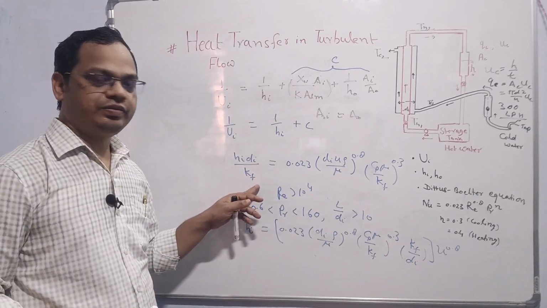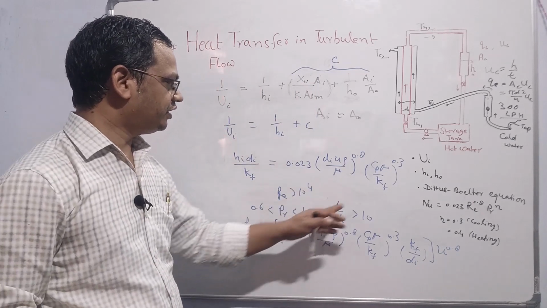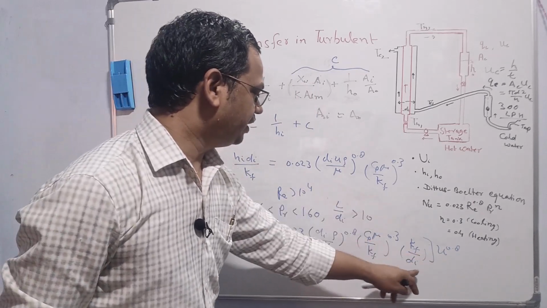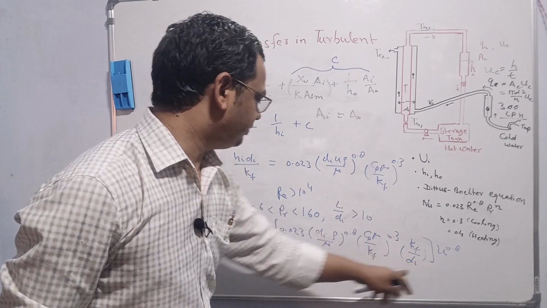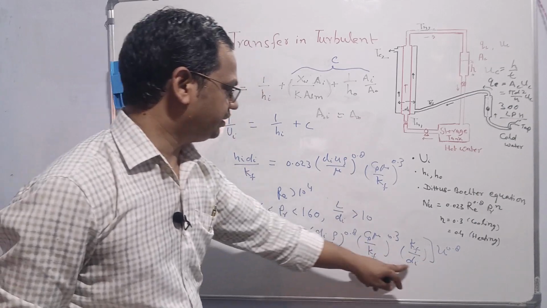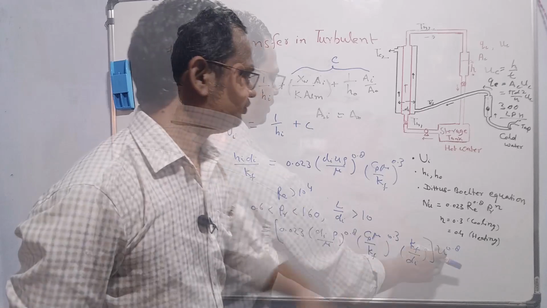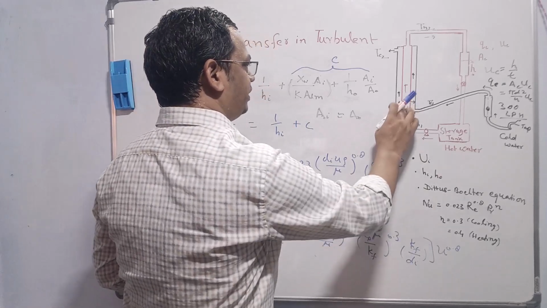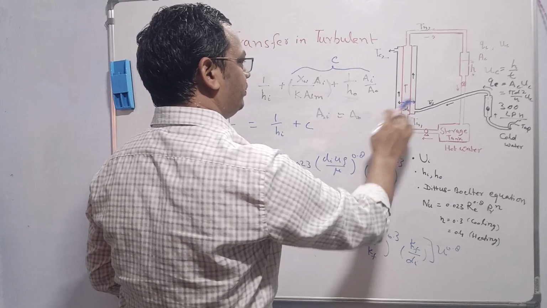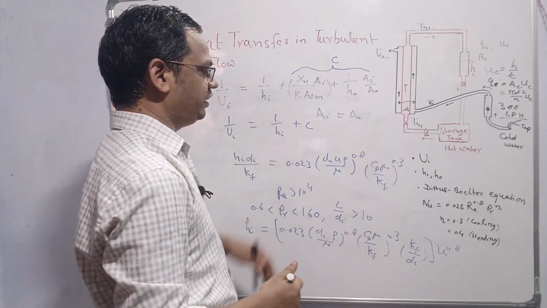Here Di and Kf both are taken on the right side. All the parameters except the velocity have been taken inside square brackets. All are constant except this velocity. Only velocity is changing, of the hot fluid. And this is the velocity inside this pipe, not here. So you can calculate as I explained earlier.